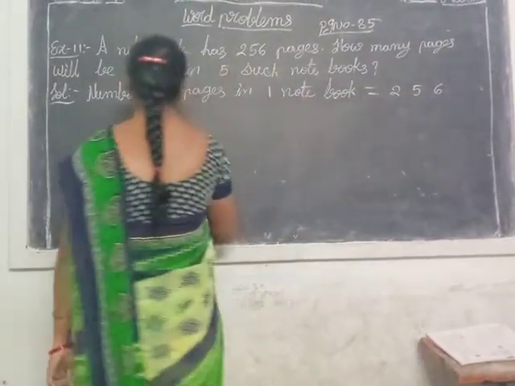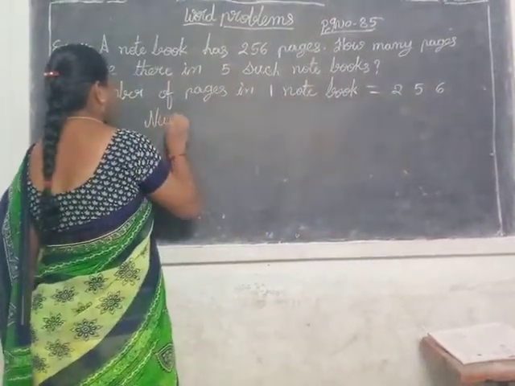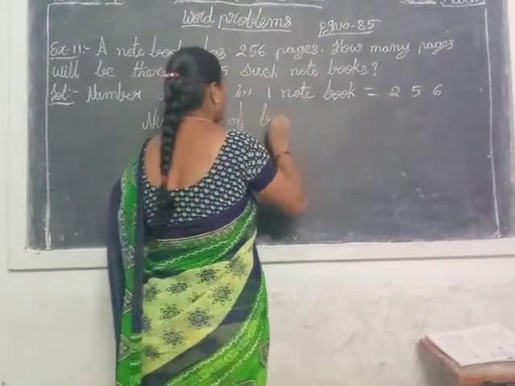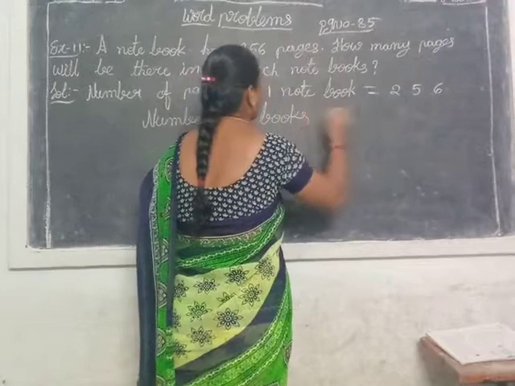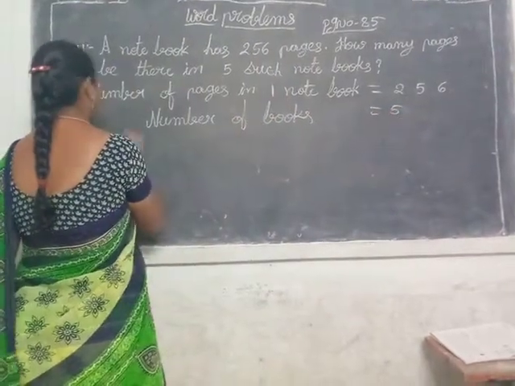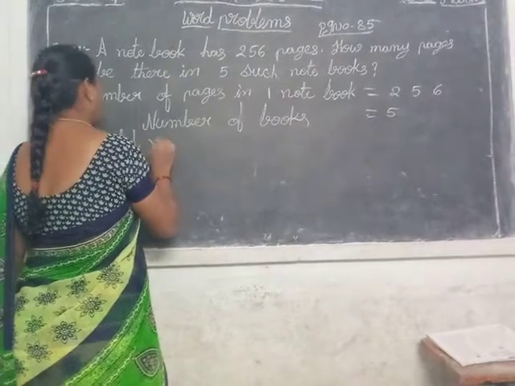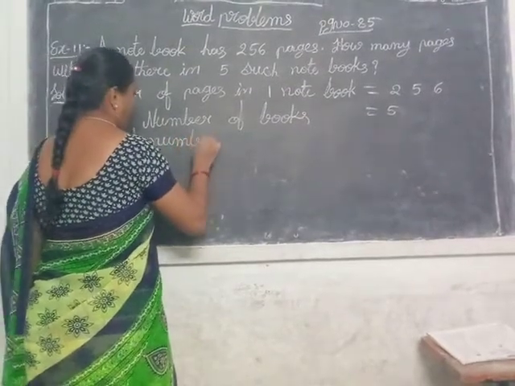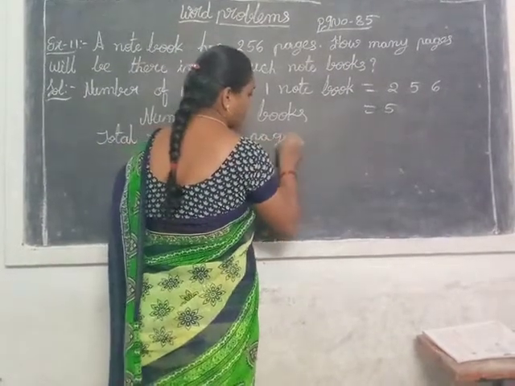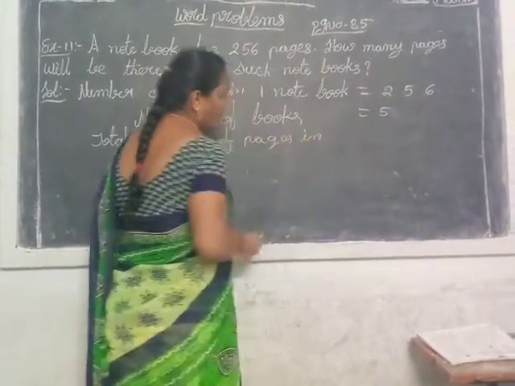Okay, number of books. He given how many books? 5. So number of books 5. Okay, now we find out total number of pages in 5 notebooks.